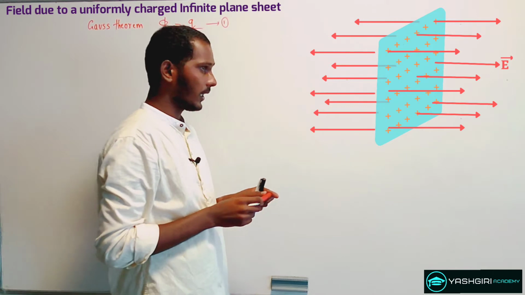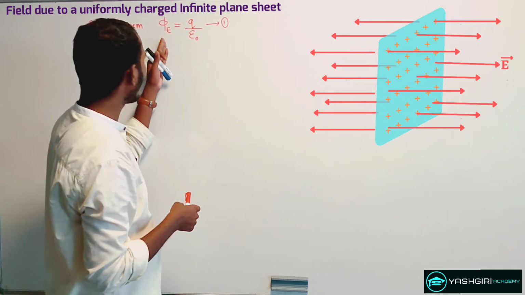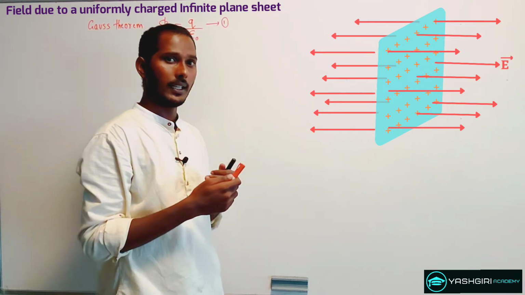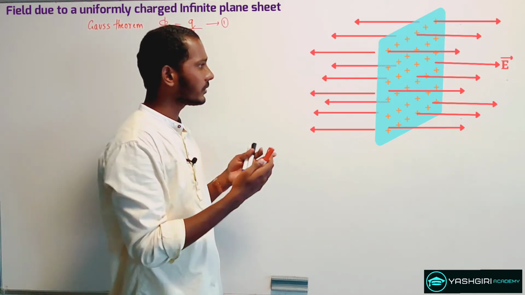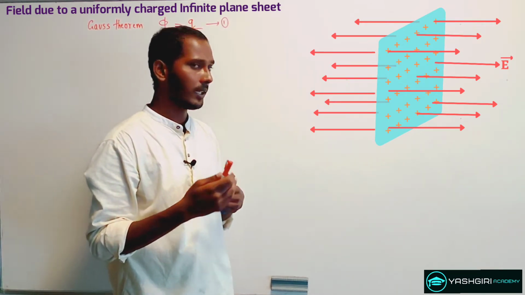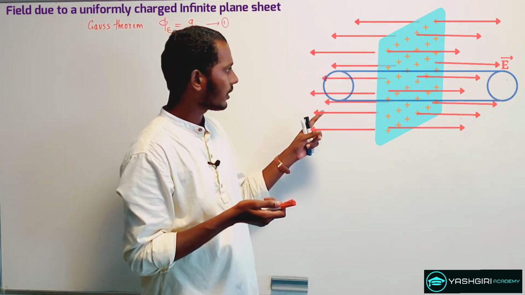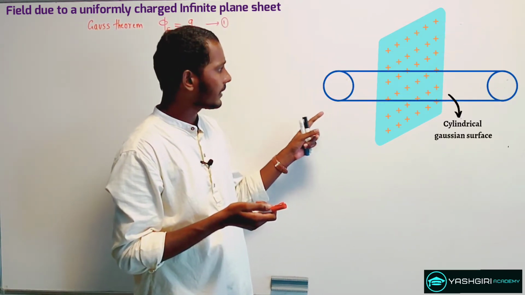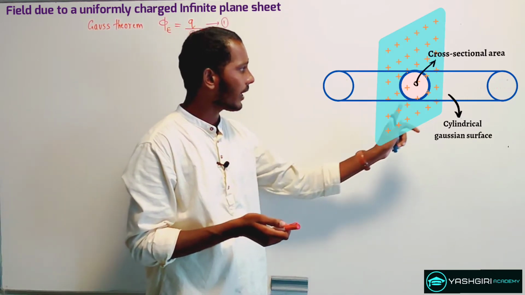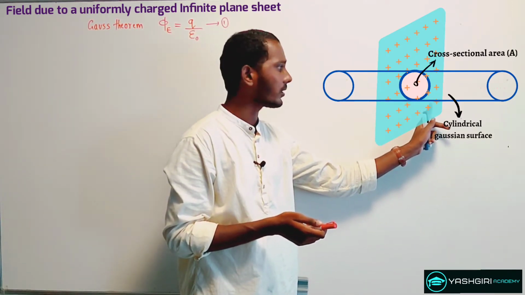So here, to calculate the left hand side of this equation, let me bring a Gaussian surface back into the picture. Let me consider again the same cylindrical Gaussian surface, and let A be the cross sectional area of this cylindrical Gaussian surface.